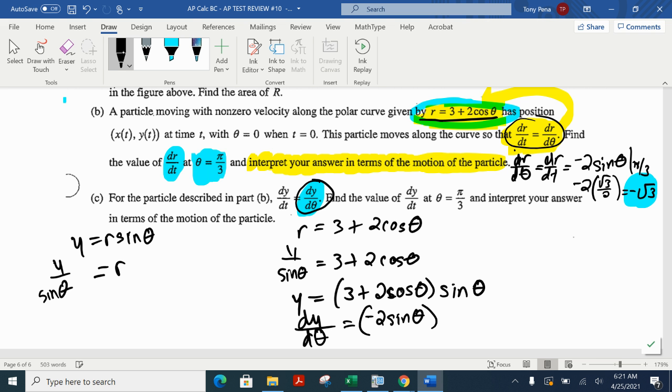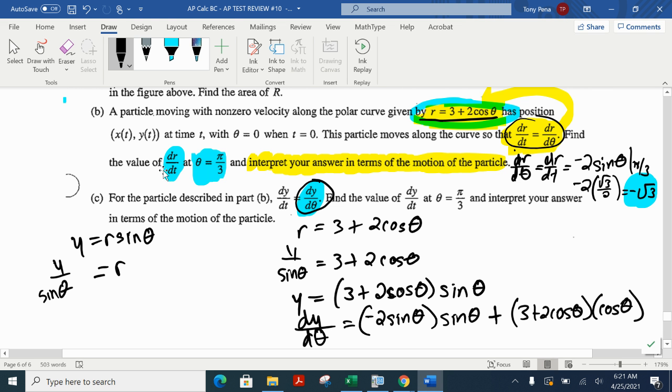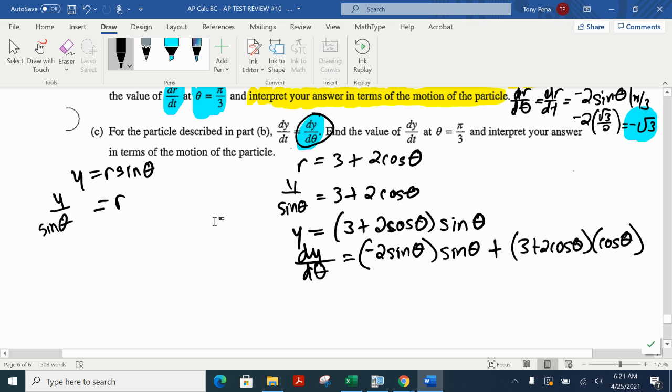So the derivative of 3 is 0. This would be a -2 sine. Leave the second term alone. Product rule, we add. Leave the first term alone, and the derivative of sine is cosine. We then want to evaluate that at pi over 3.